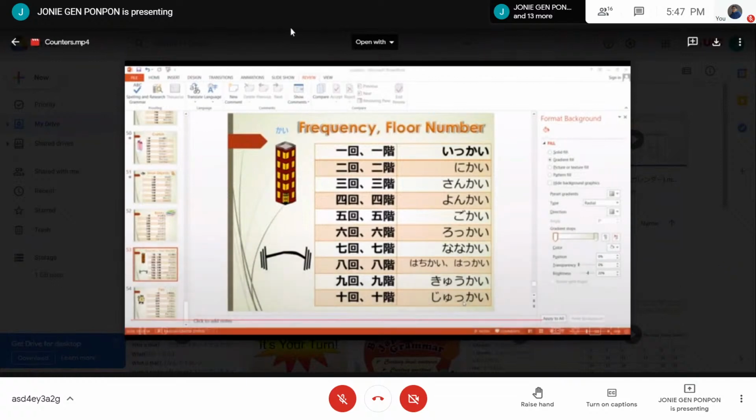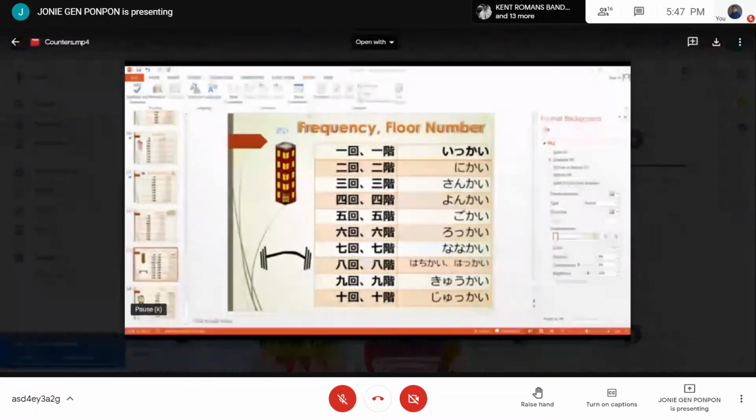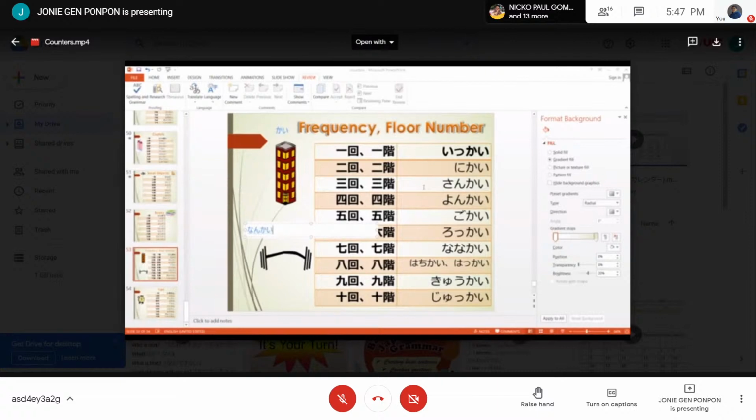Okay, and then if you want to ask how many floors a building has, you will ask the question, Nankai desu ka?